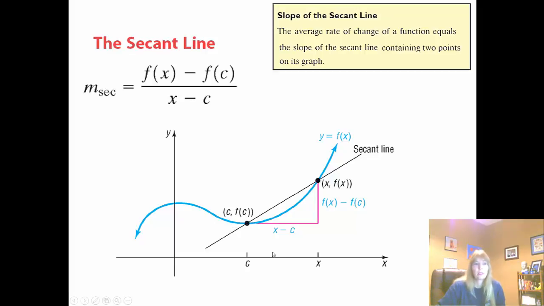These are just the two points I picked, this point C, and then this at X. So I could find the slope, the average rate of change of this little curve right here. You're finding the slope of the secant line, but it gives you on average how this function is changing from C to X.